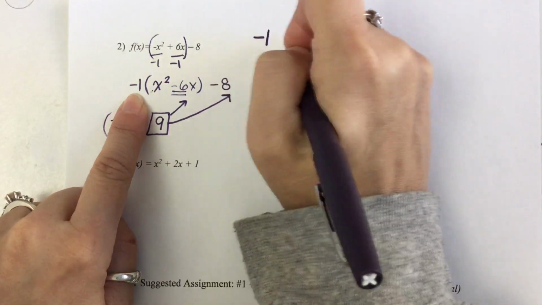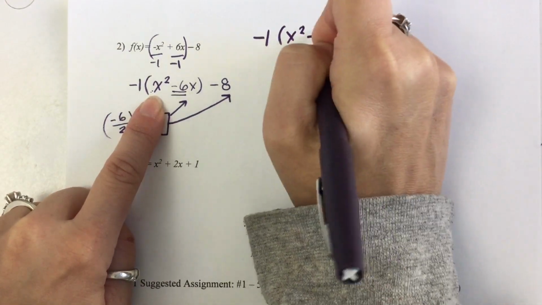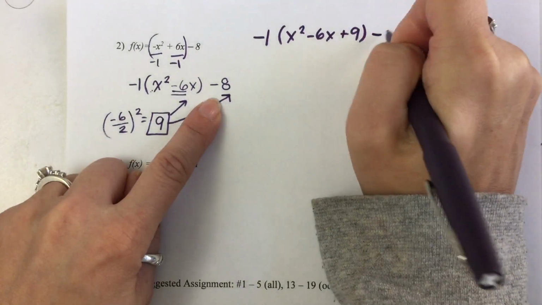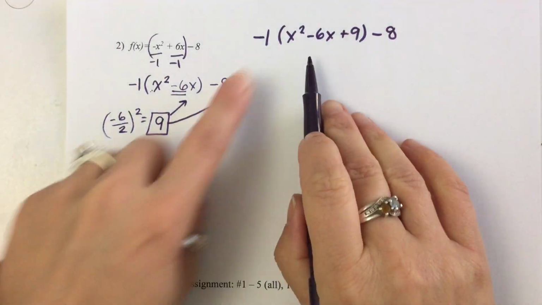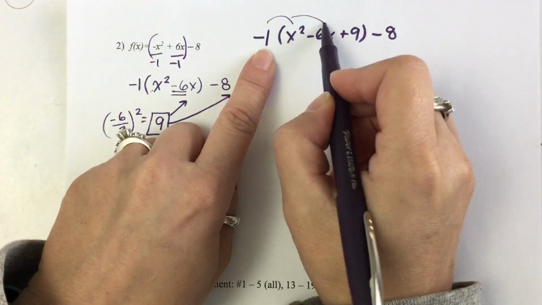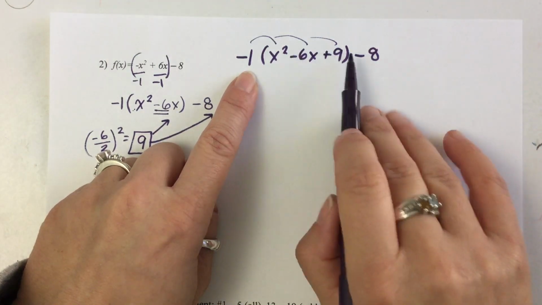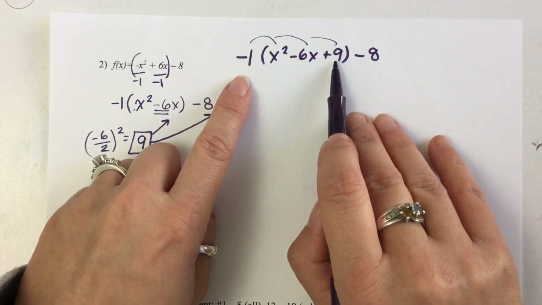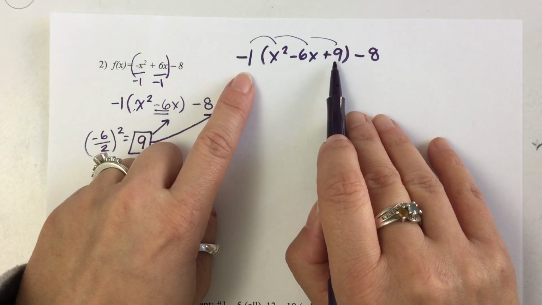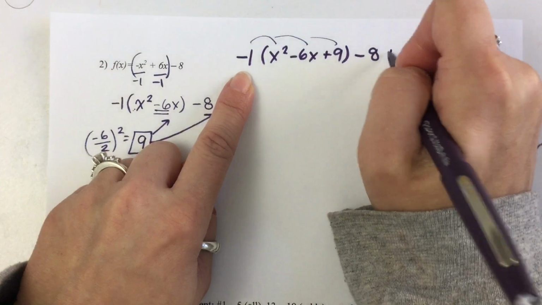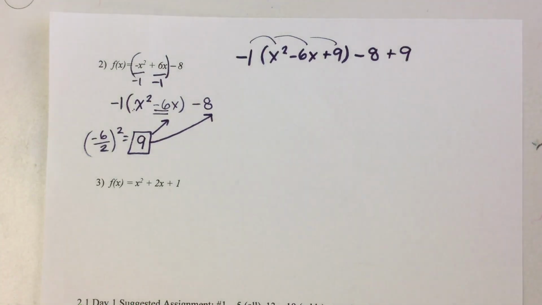So I have -1 out front. x squared minus 6x. You add the magic number in the parentheses. I still have the -8. Now what you need to realize is that this -1 goes into every term in the parentheses, including this +9. So -1 times 9 is -9. I need to keep it balanced, meaning I need to have it have a value of 0. If this is -9, I need to add 9 at the end.